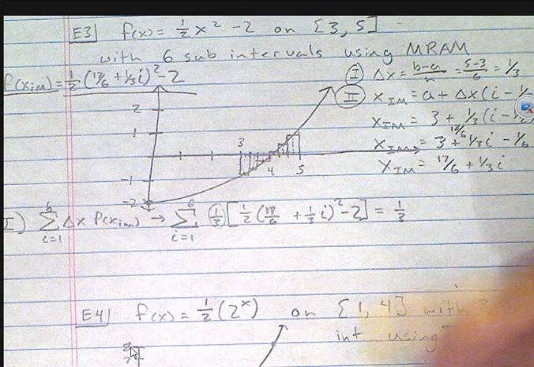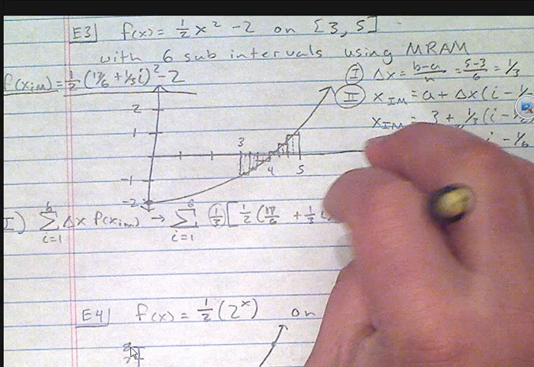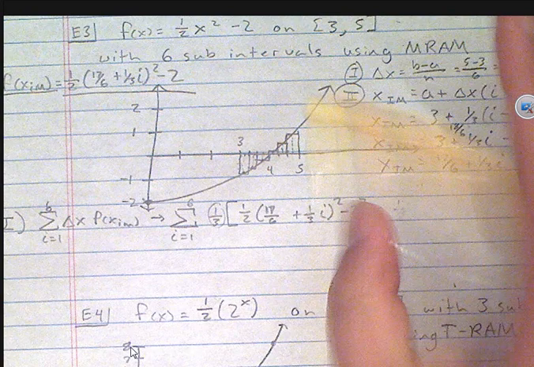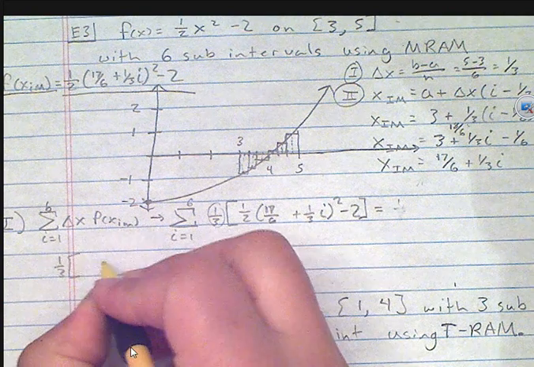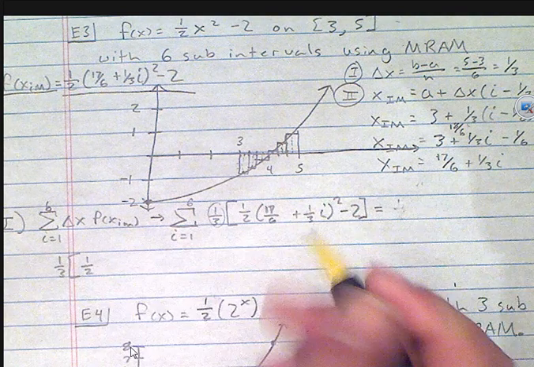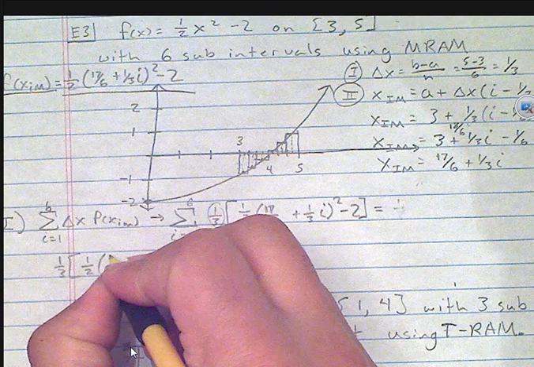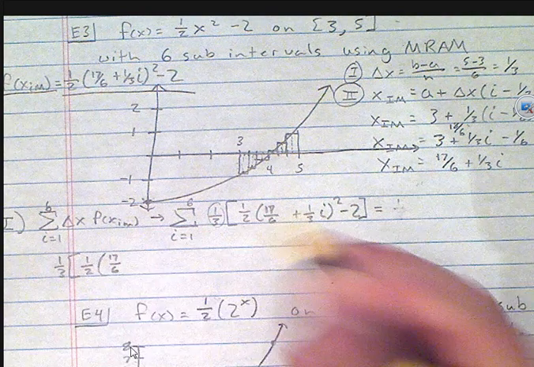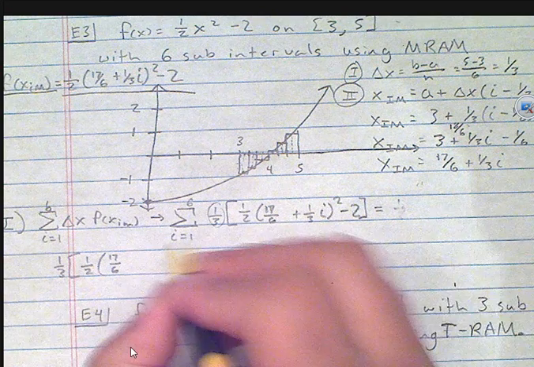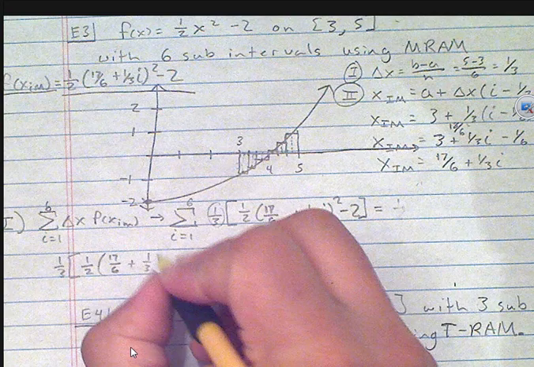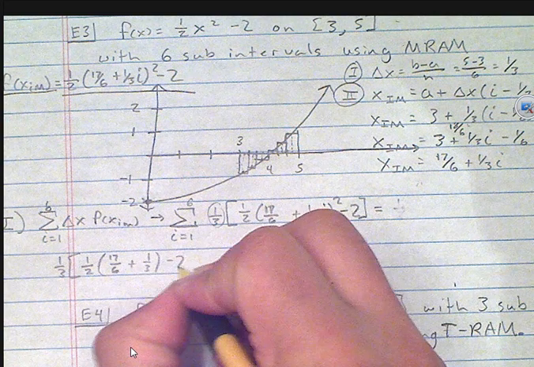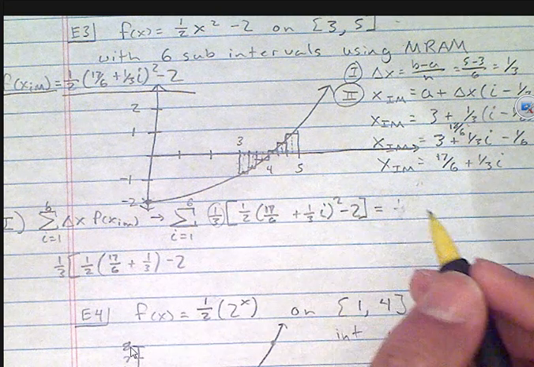So I'll have 1/2 (17 over 6 plus 1. Now I'm plugging in 1. So 17 over 6 plus 1/3) minus 2. Alright?